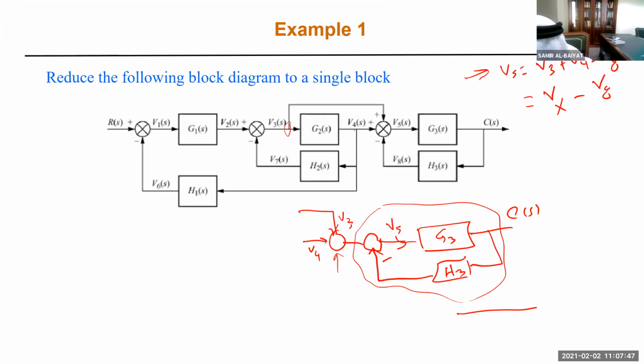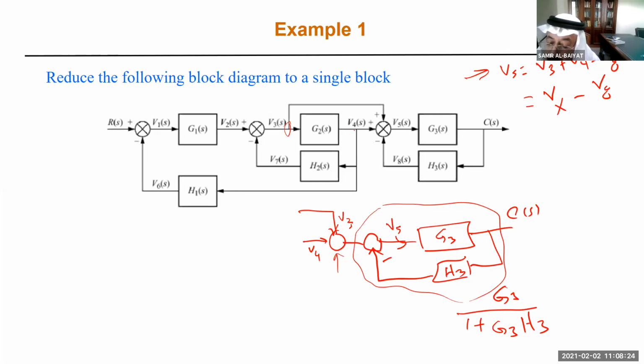What do I have? Okay, it's going to be G3 over 1 plus G3H3. So I can reduce this portion into a single block. Suppose I reduce this one. That would be fine. Let me work here.